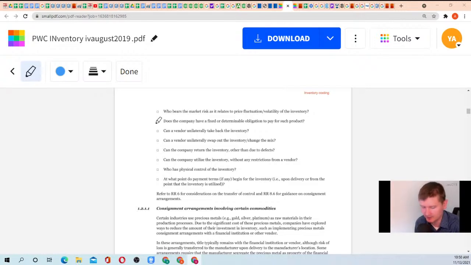Let's take the opposite view. For example, if you buy the products on free on board terms, where the title passes from supplier to you when goods are loaded on the ship, then you most likely recognize that inventory on your balance sheet when they are on the ship.